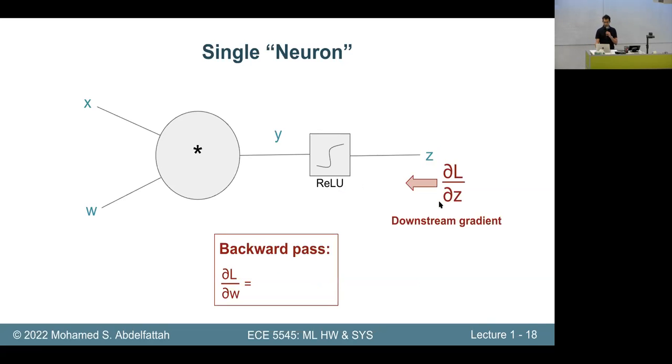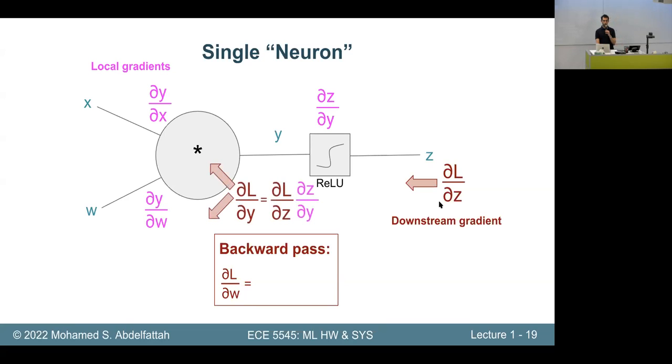So now what happens in the backward pass? We have the loss gradient coming in, and then it propagates through the network. We have these local gradients in pink, and then we keep using the chain rule and backpropagation to compute the gradients downstream during training.